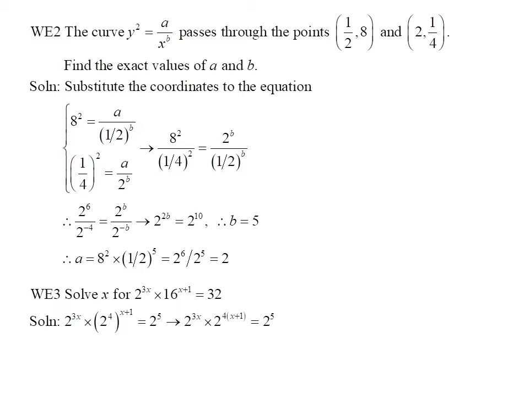Since both sides have the same base of 2, their indices on both sides must be equal. Therefore, after solving the linear equation 3x plus 4 times (x plus 1) equals 5, we obtain the result x equals 1/7.